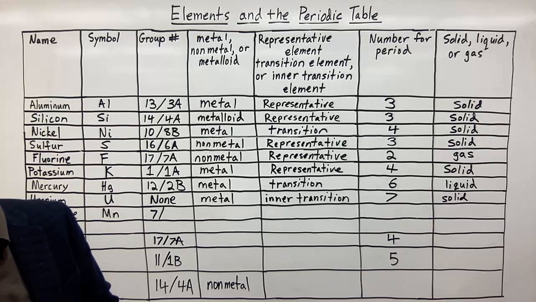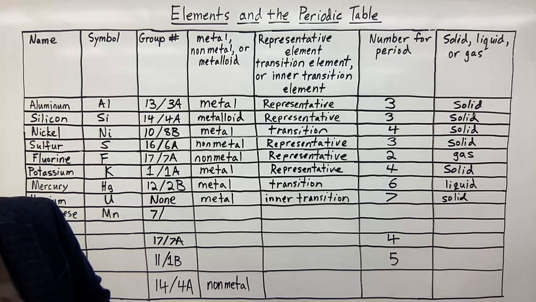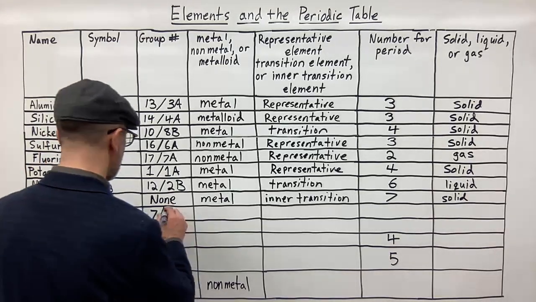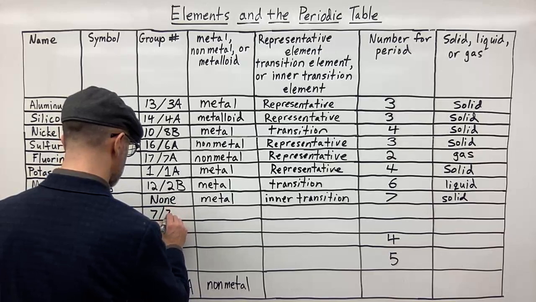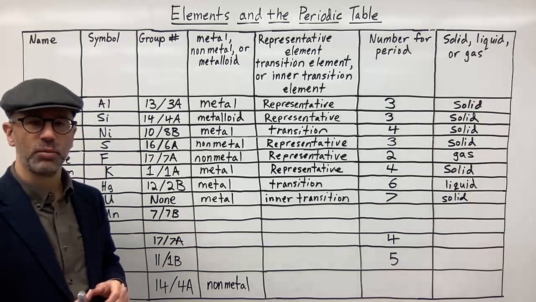Forgot. Manganese. 3, 4, 5, 6, 7. So it's in 7B according to the old way of naming.